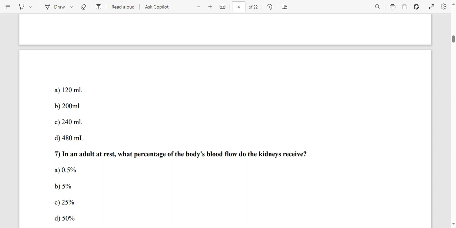If it fills beyond 220 mils, someone will feel like urinating. And then the bladder can fill all the way up to 500 mils. But beyond that, it will start paining. So the maximum the bladder can fill is about 480, which is like the 500 I've talked about.